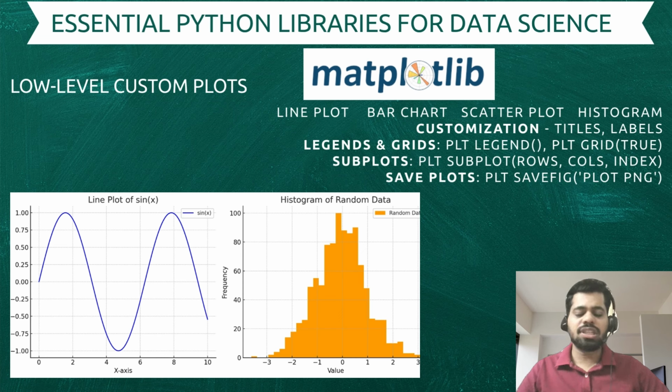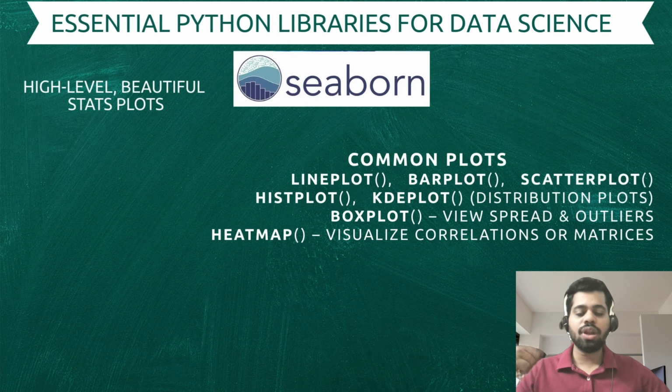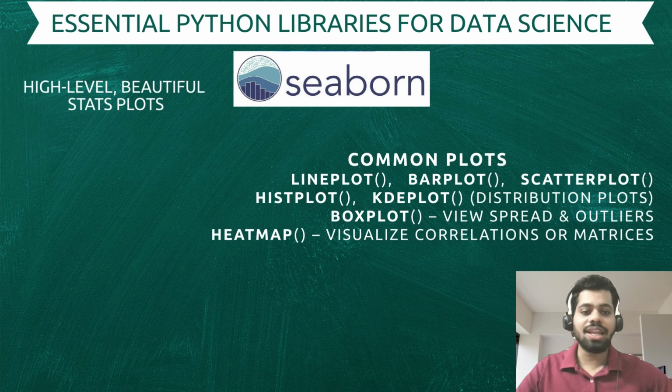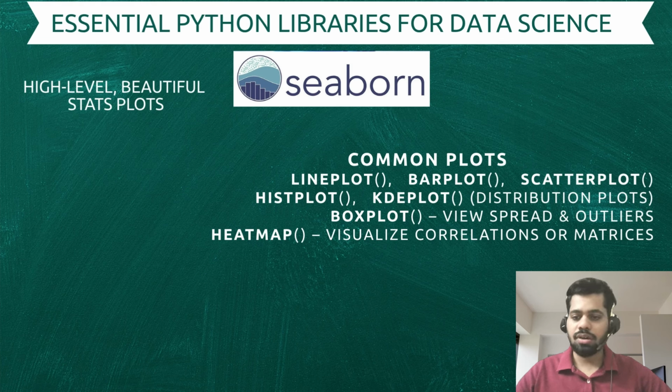These are some of the basic charting and plotting, where you have low level control on it. Seaborn will be more helpful in doing advanced analysis. For example, you want to build plots on distributions, KDE plot or histogram plots, or you want to detect anomalies using box plot, anomalies basically meaning outliers, or you want to build a heat map, or a pair plot for a quick exploration between all the variables.